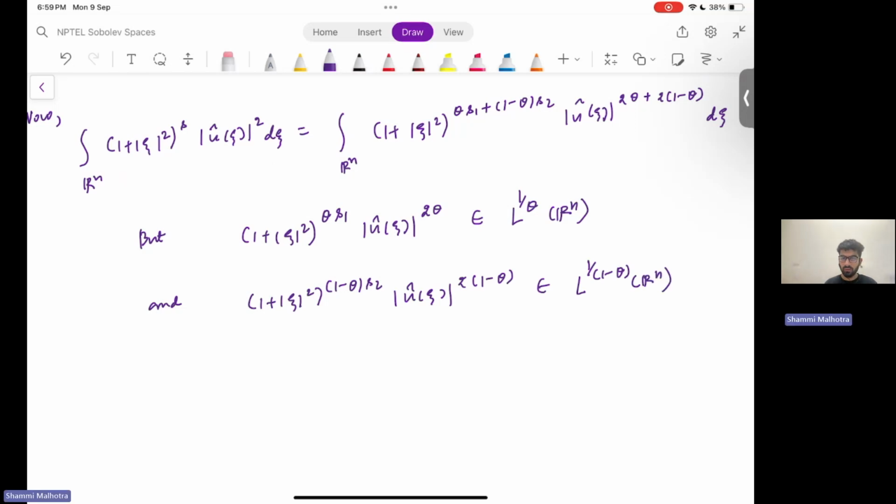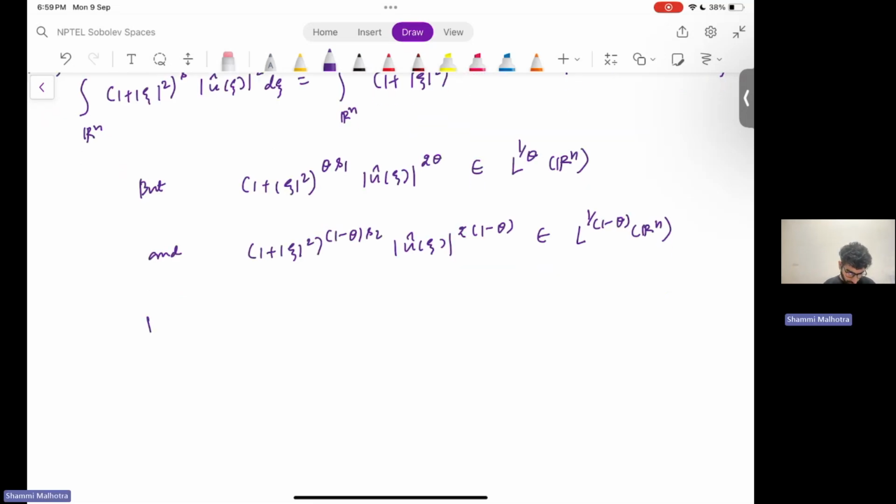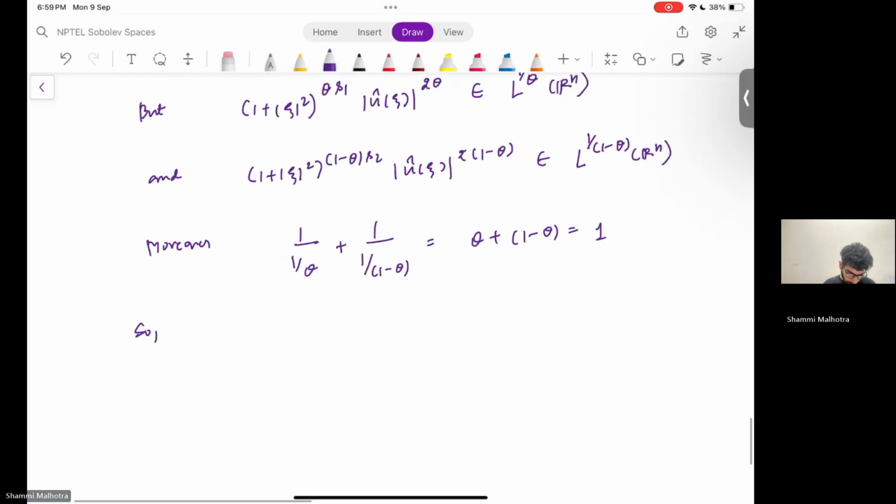So this again holds. Moreover, theta plus 1 minus theta is 1, so 1/theta and 1/(1 minus theta) are conjugate exponents.